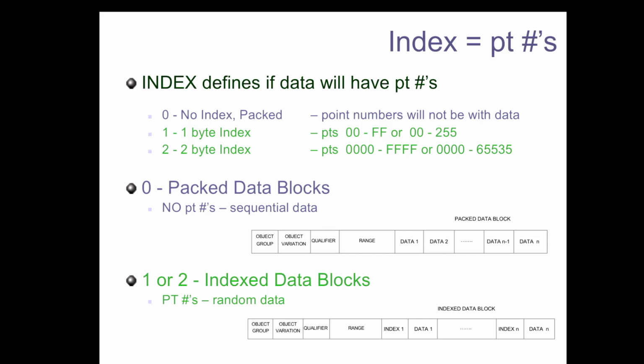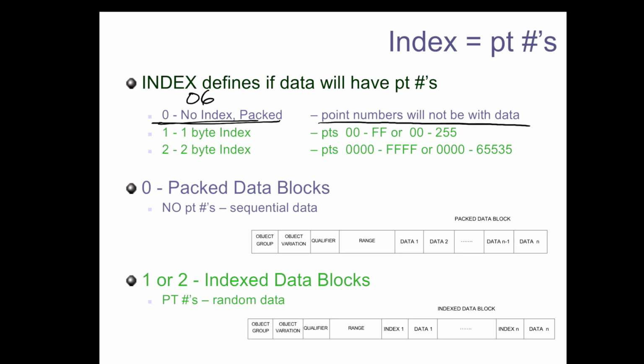When it comes to 0, that means there's no index. We have what's called packed data. So notice how a 06 qualifier was indicating 0, and the data is just going to be packed one after another. So that means to say there'll be no point numbers in what's returned. It says right here, point numbers will not be in the data field.